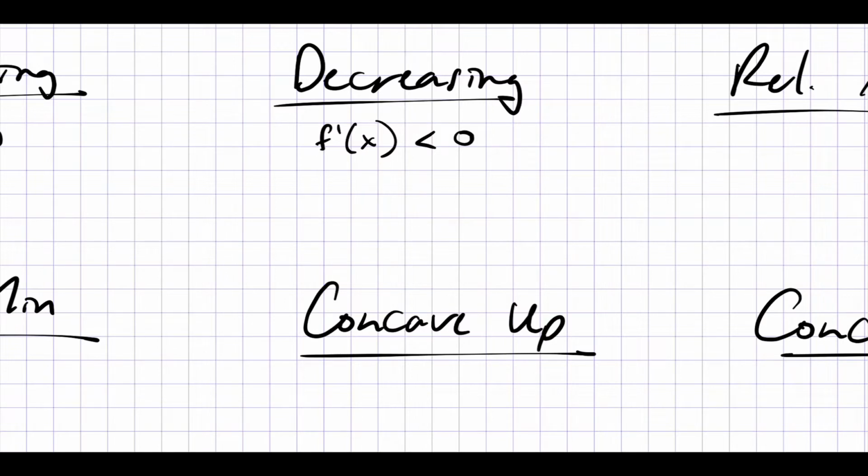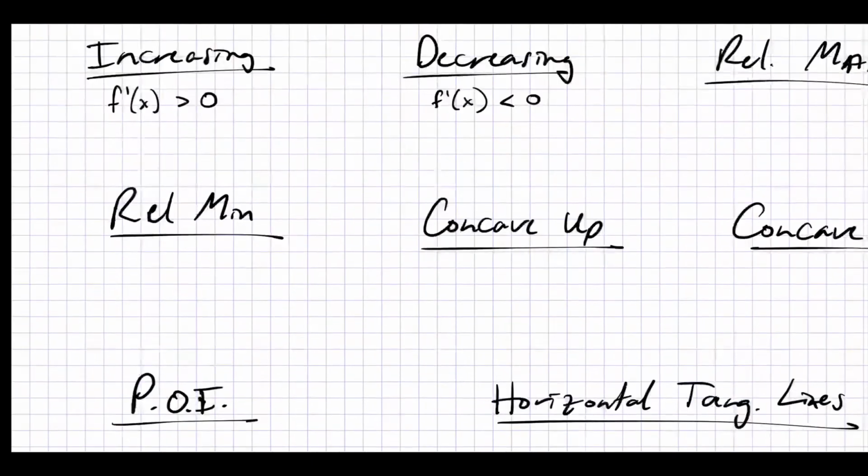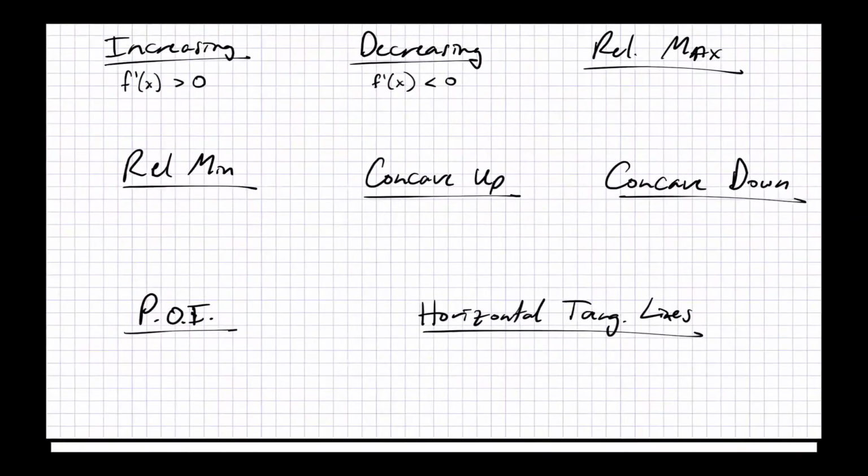Yes, Sebastian? Yeah, so when f prime is 0. So we have f prime is 0, right? Which one of these is going to be f prime of 0? Because we have it when it's positive, we have it when it's negative. What if f prime is 0?